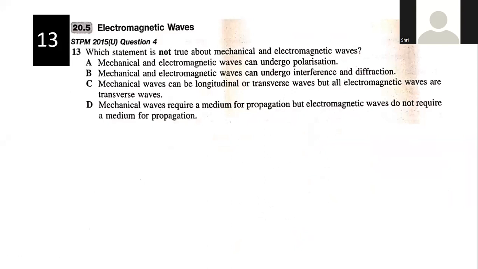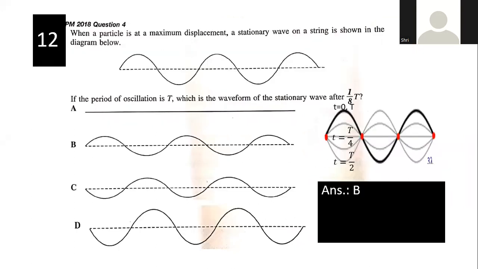Okay, number 13. Which statement is not true about mechanical and electromagnetic waves? Go back, sir. Teacher, which one is T over 4? T over 4 is the center one, this one. From the top to the rest position is a quarter.